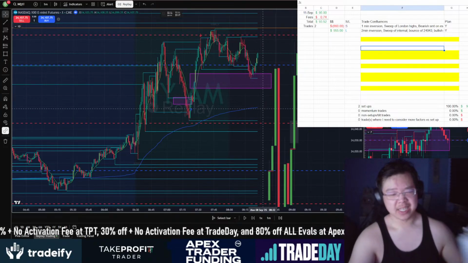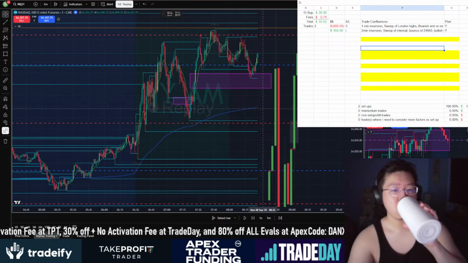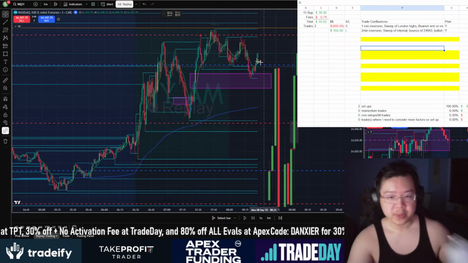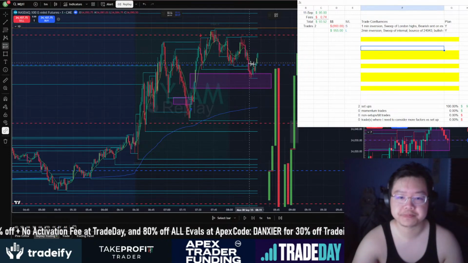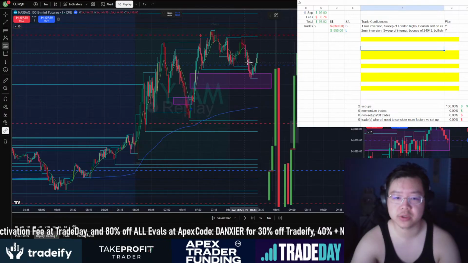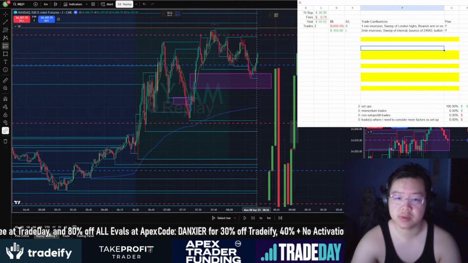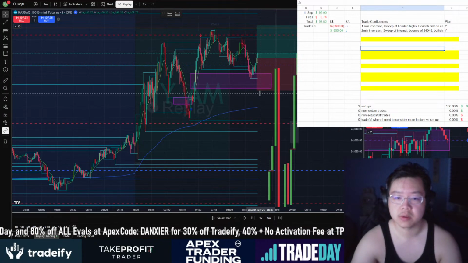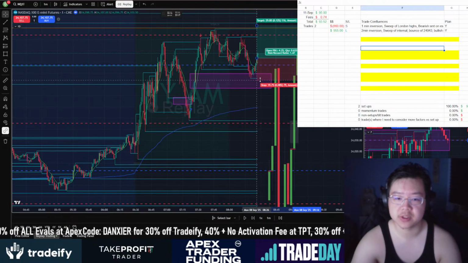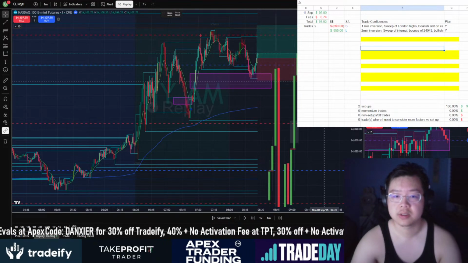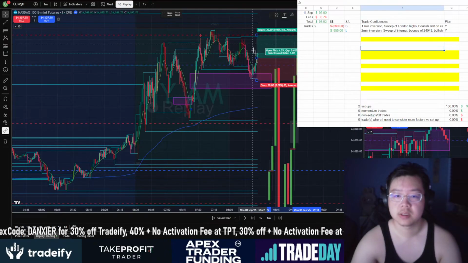Yo, backtesting takes a while. This wouldn't be bad. We just swept internals. Inverse this 1 minute. What would this risk be? Bouncing off of a 2 minute. 20 to 20.